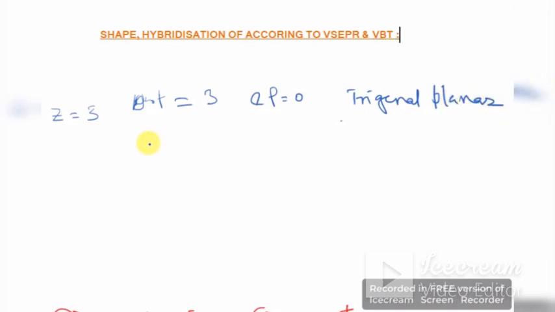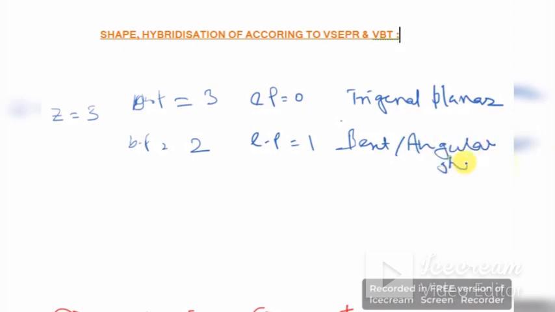Another variation in Z equal to 3: bond pair is 2 and lone pair is 1, then it is bent or angular shape. So these are the two variations in electron pair 3.